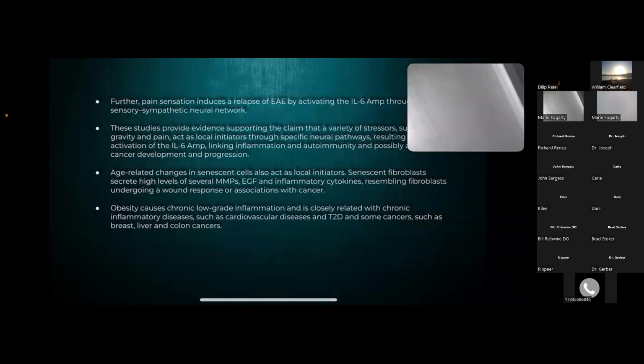Obesity causes chronic low-grade inflammation and is closely related with chronic inflammation diseases such as cardiovascular diseases, type 2 diabetes, and some cancers such as breast, liver, and colon cancers. So yeah, okay, obesity, and you've got all of these inflammatory cytokines coming from the fat cells. I believe a lot of fat attracts immune cells.